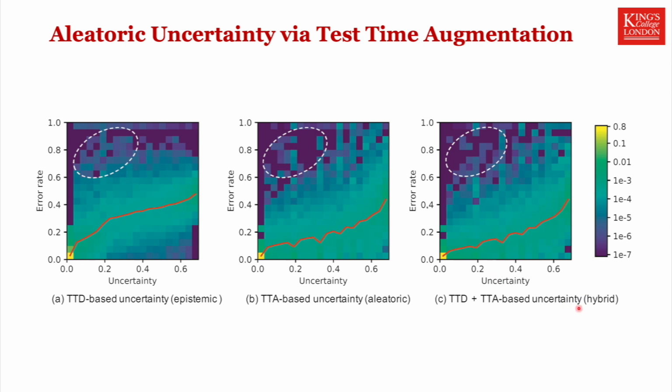And when you bring together both epistemic and aleatoric uncertainty, you basically get an even better result. You also need to take into account that these numbers are log transformed. So there's actually a very substantial difference between these three images, because you're literally going down an order of magnitude in the number of samples with that kind of error rate.